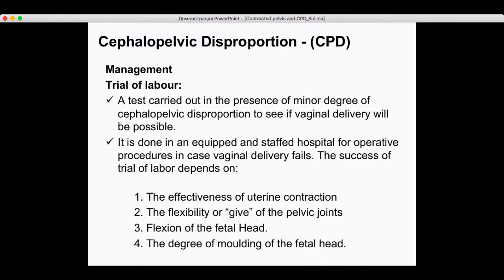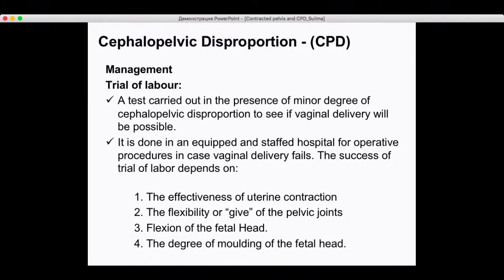Trial of labor: a test carried out in the presence of only a minor degree of cephalopelvic disproportion to see if vaginal delivery will be possible. It is done in an equipped and staffed hospital for operative procedures in case vaginal delivery fails.